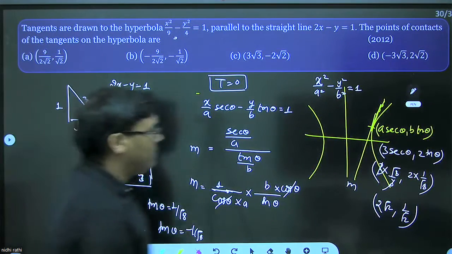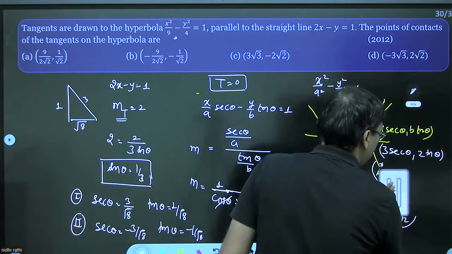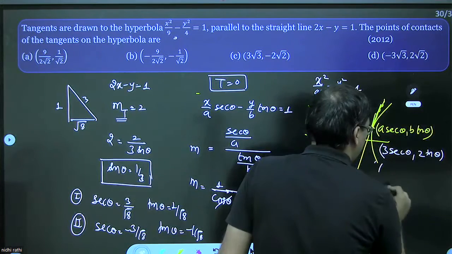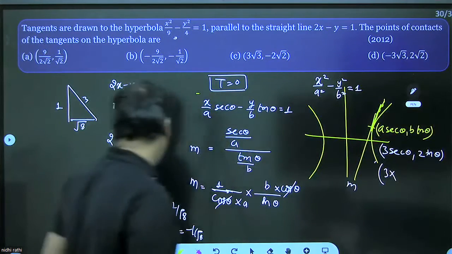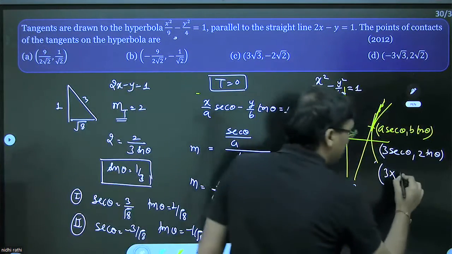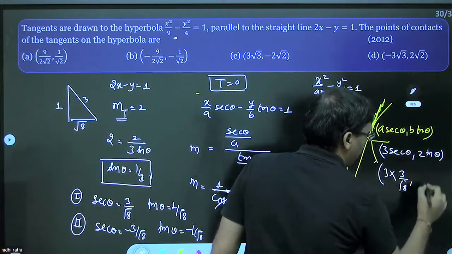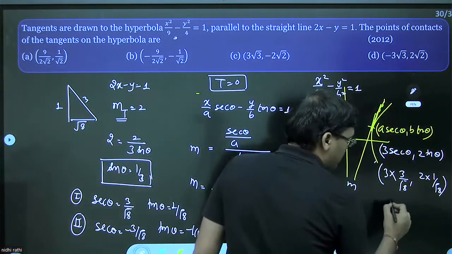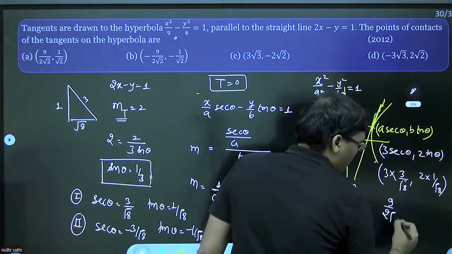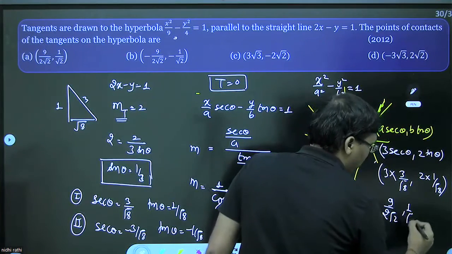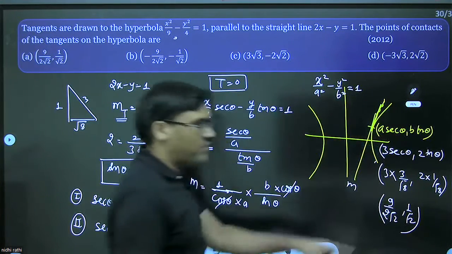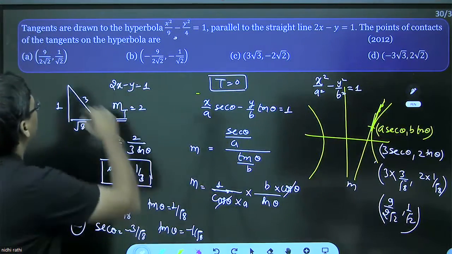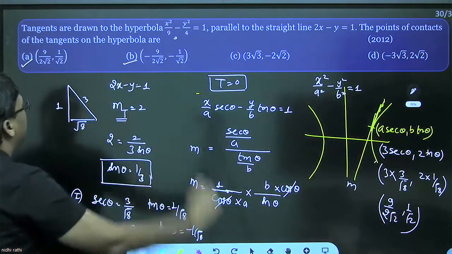Okay. So now let's put the value again. This is 3 sec theta. What is sec theta? 3 by root 8. This is 2, 1 by root 8. So what is this? This is 9 by 2 root 2 and this is 1 by root 2. Similarly, for the second value, minus minus will come. So what is the answer? Option A and option B are the answers.